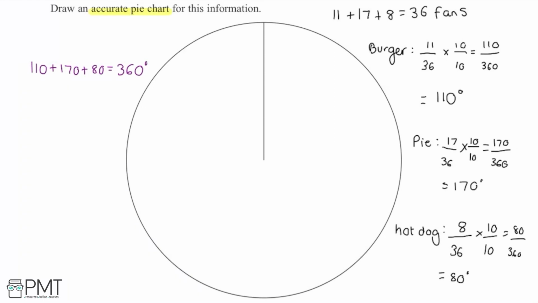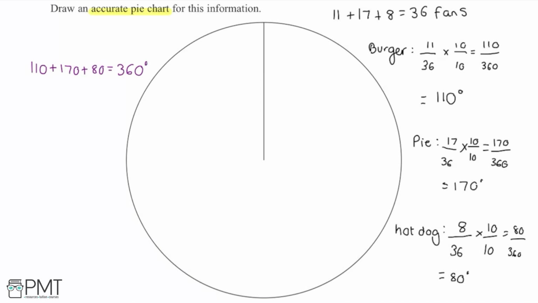Now all I have to do is use this information to draw up the pie chart. So I need to draw a 110 degree angle firstly for the burgers, and I need to make sure that I label up this angle and label up which section of the pie chart represents which snack as well.